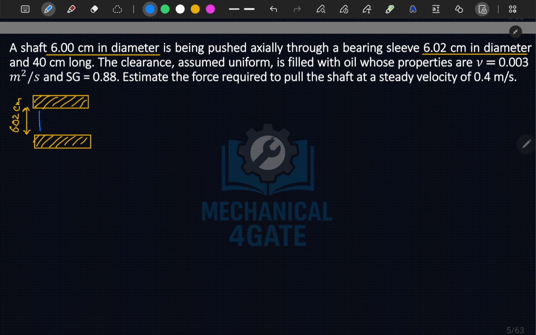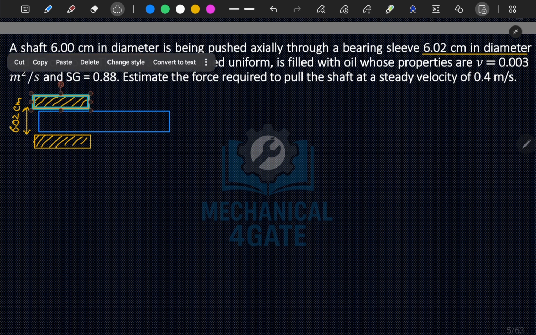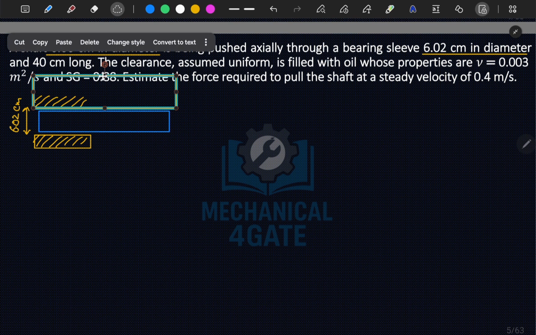Let's say this is your shaft, and this shaft will be exactly in the middle. Of course there will be a certain gap between these. Between the shaft and the bearing, one more thing before that, this shaft should be larger in size. Let me correct it.